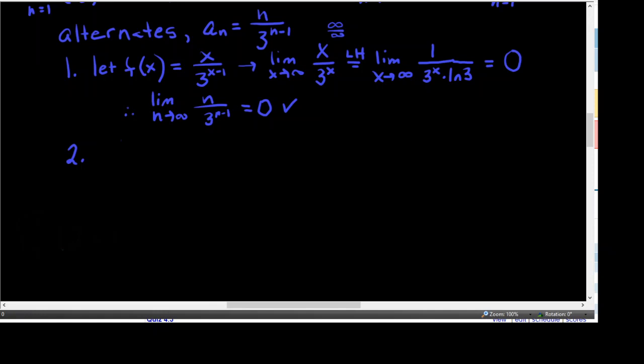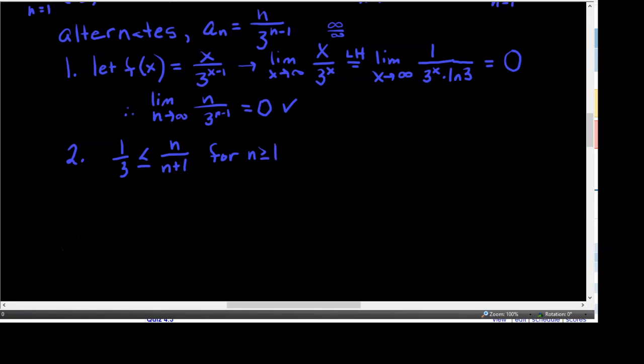But do you agree that this is a true statement? 1/3 is less than or equal to n over n plus 1, at least for the n's that we're considering, positive integers greater than or equal to 1.